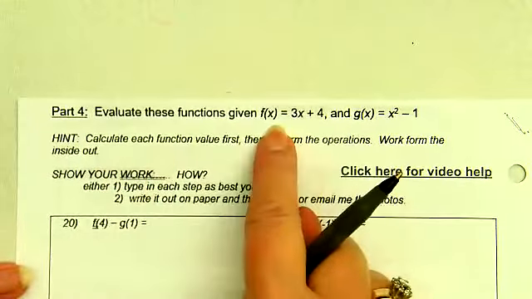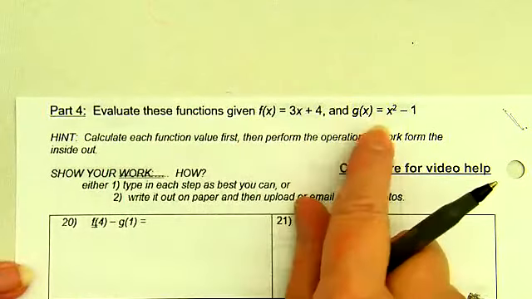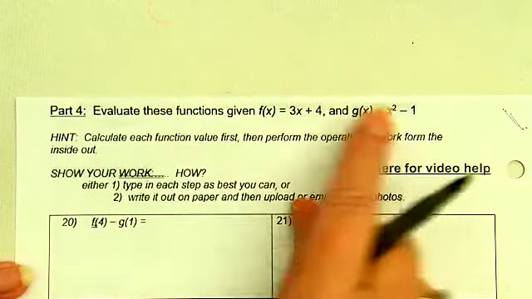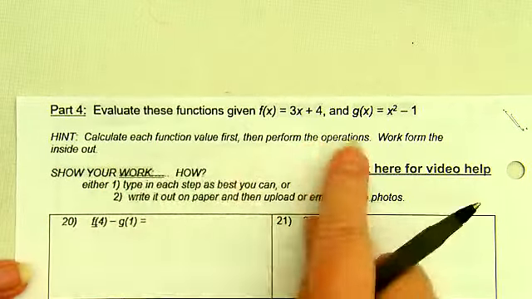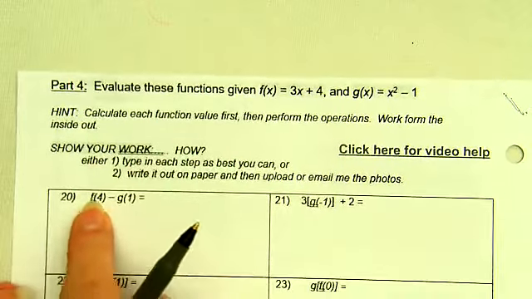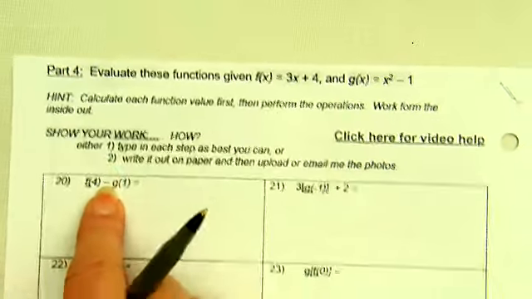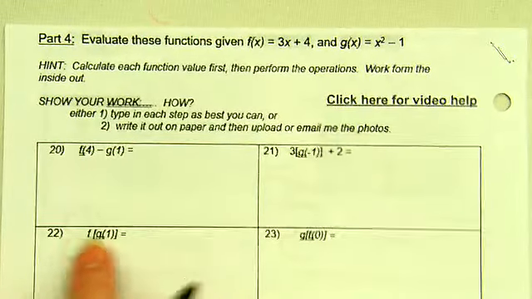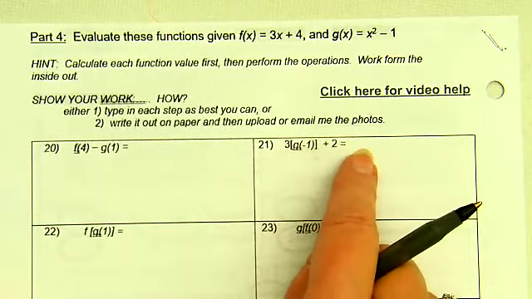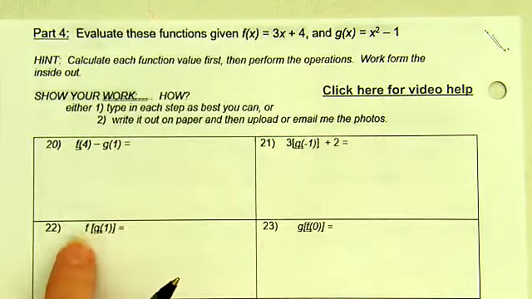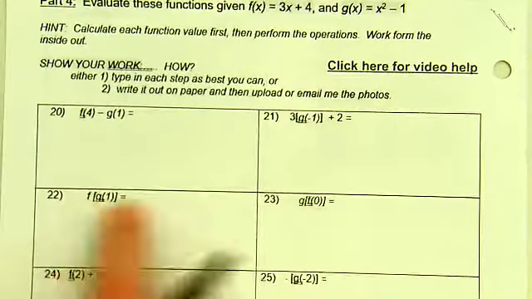So there are two functions, f of x and g of x. You want to pay attention to what letter it's saying. And these are combinations. We're either subtracting functions, here we're going to multiply and then add, and then these I'll talk about in a minute.